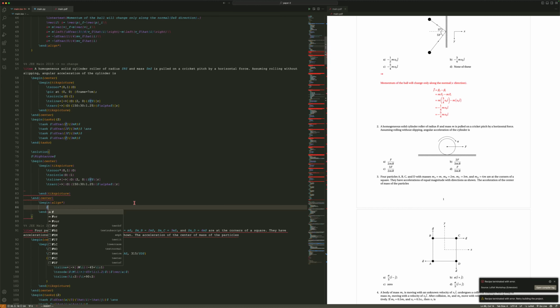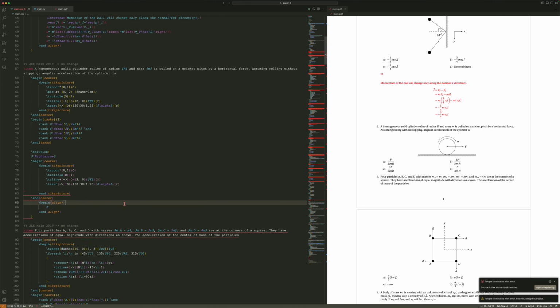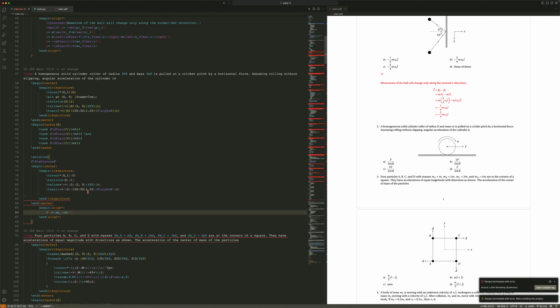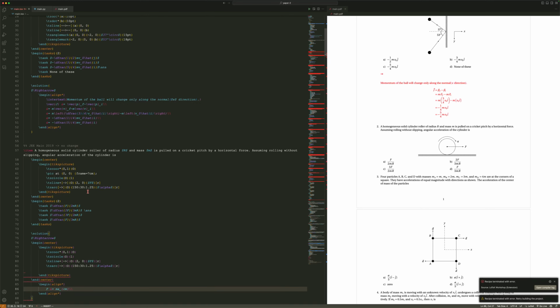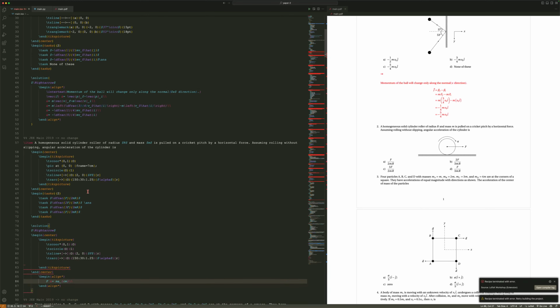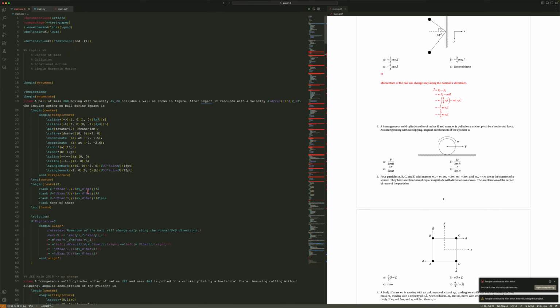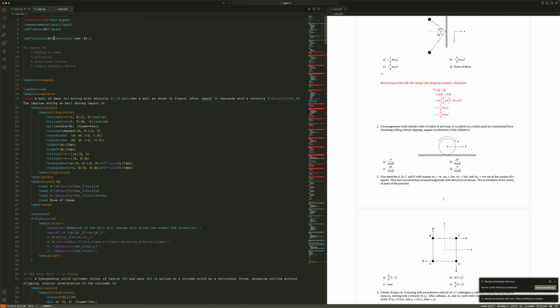No, something is wrong. So what's wrong? I think text color is not working for the text picture.